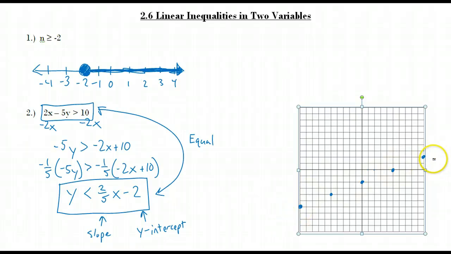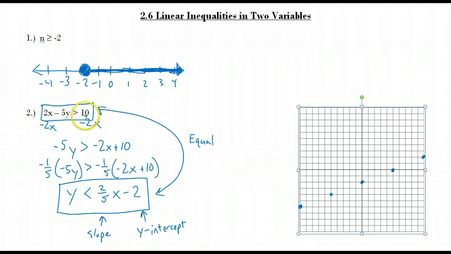The next thing that I need to do is kind of like up here where I had to decide, do I want to shade in the dot or not? I need to decide if I want to connect these dots with a solid line or a dashed line. Now all of these points are all of the x and y values that when I plug those values in, I will get exactly 10.